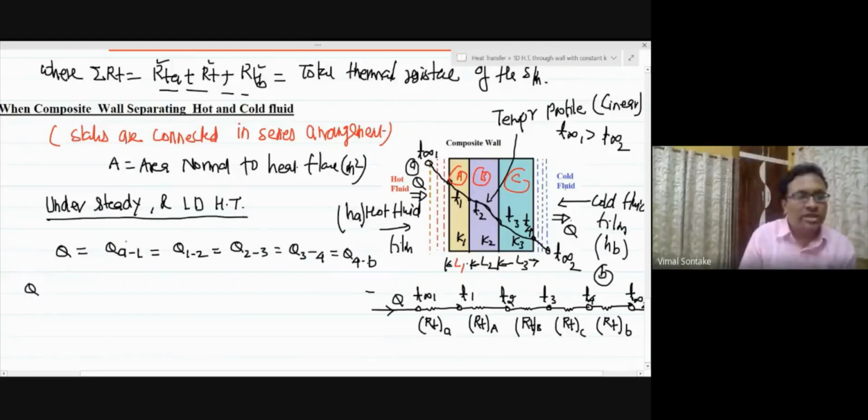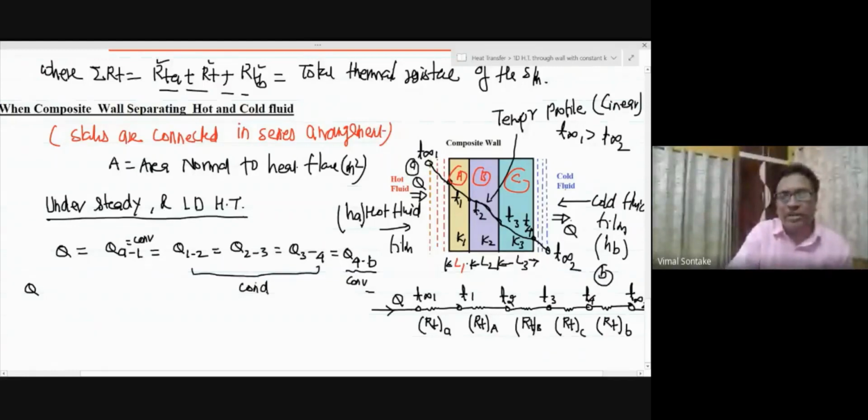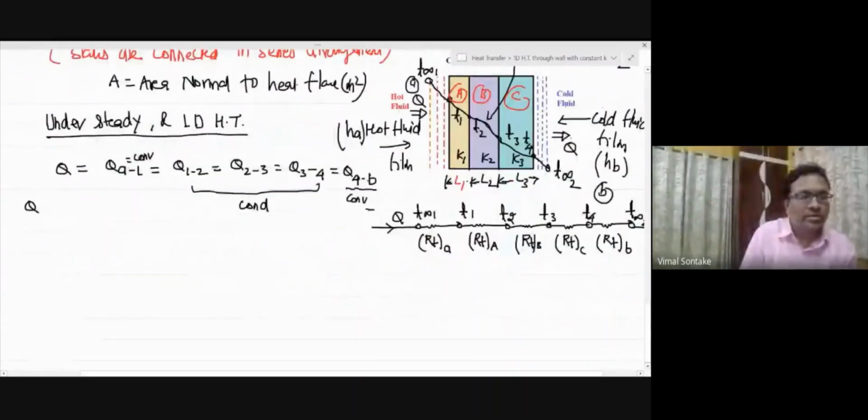Now this will be the heat transfer rate by convection, because the fluid is coming into contact with the solid, and all the other heat transfer rates will be by conduction. So in a similar fashion, I can write the expressions for heat transfer rate.